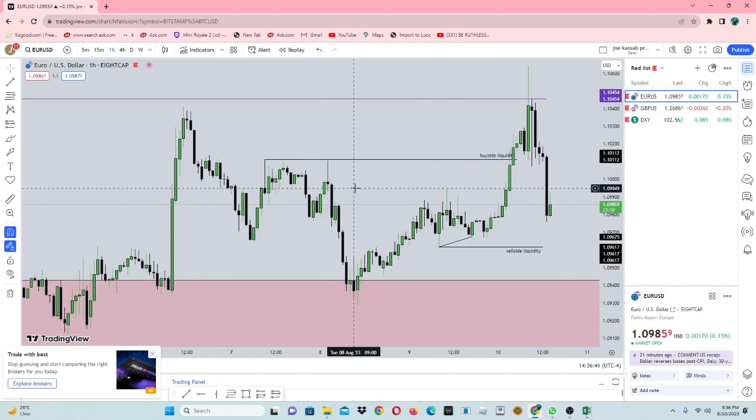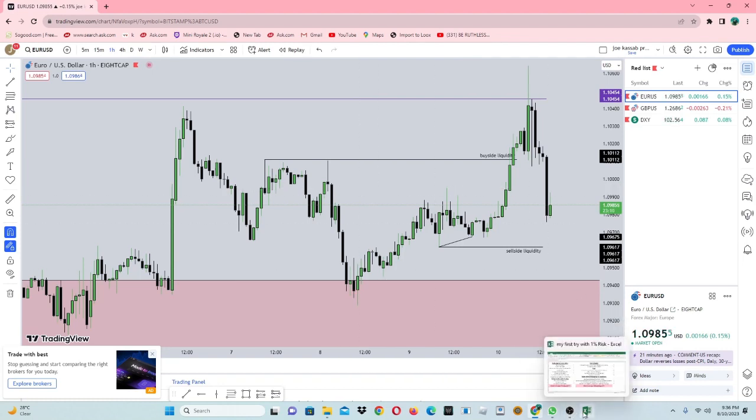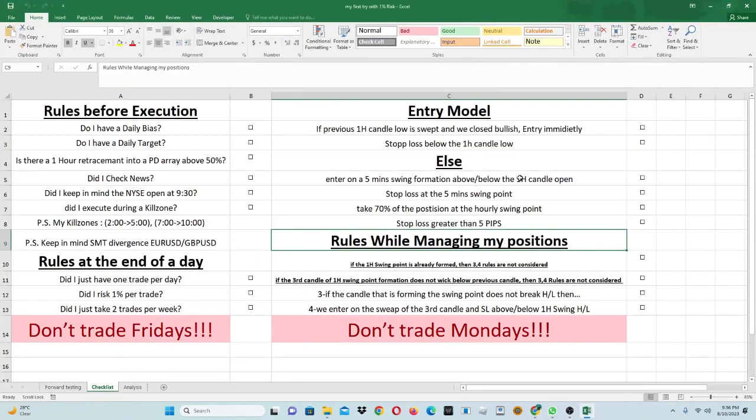So I now have entry models that are in order. What I mean by in order, going into these rules, my first entry model is this entry model on the hourly candle. If it does not show itself, else I have another entry model.